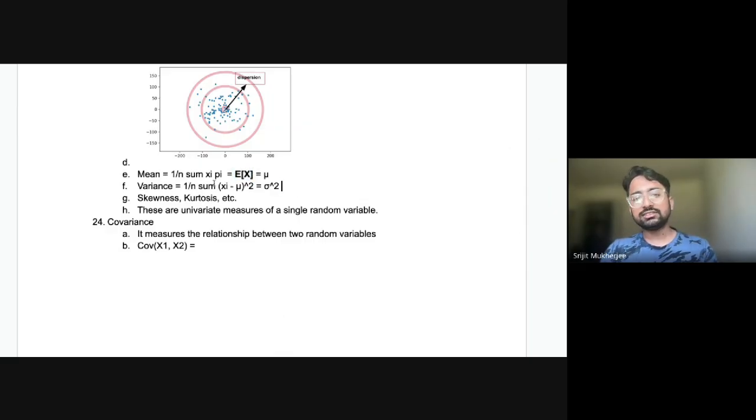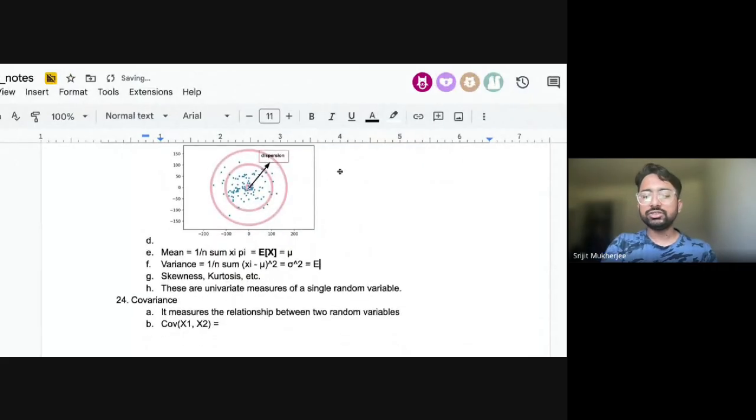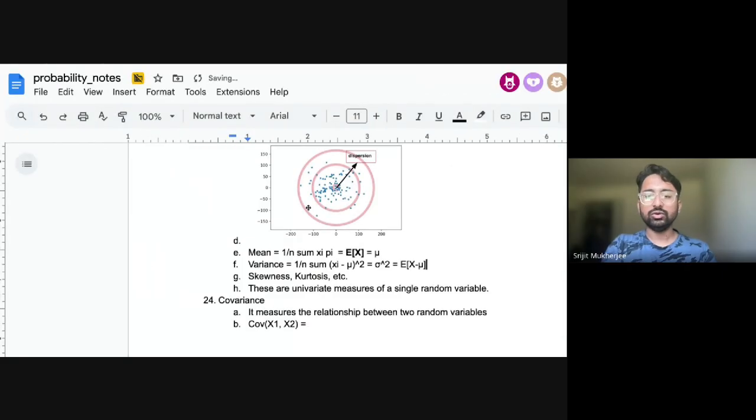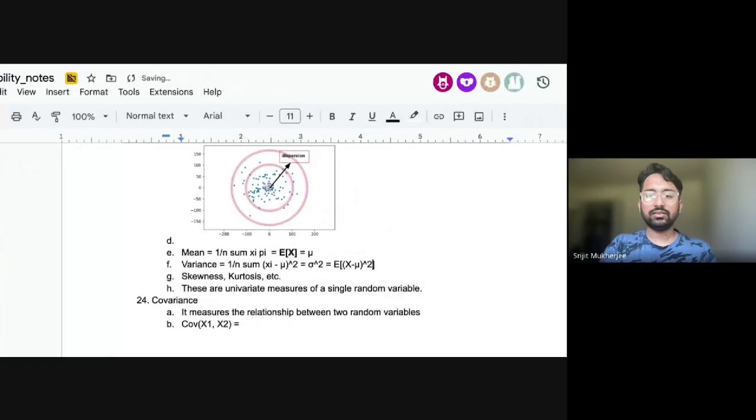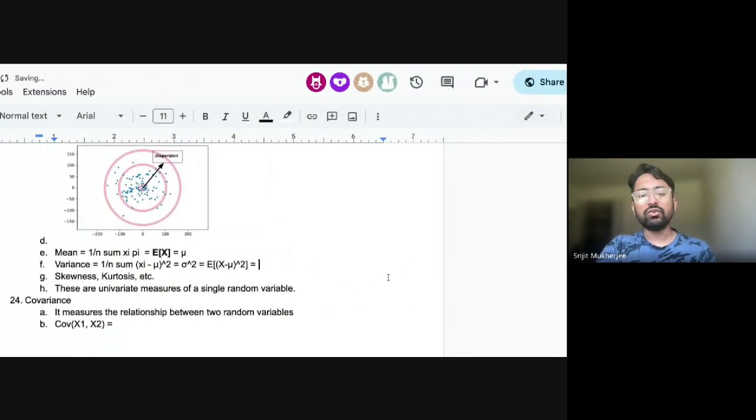You can write this as the expectation, the average, of x minus mu, whole square. And if you expand it, this is your homework, show that.